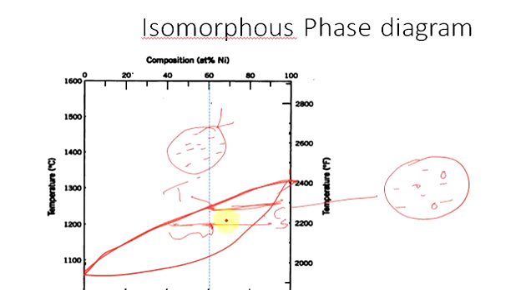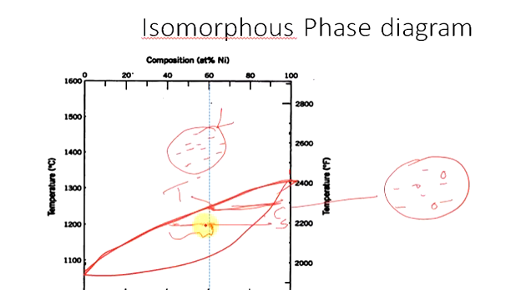If you compare this with the earlier figure, in this figure this line is 0. There is no such line here, which means the percentage of solid present is 0. But at this point the solid phase starts forming, and it has this much solid.